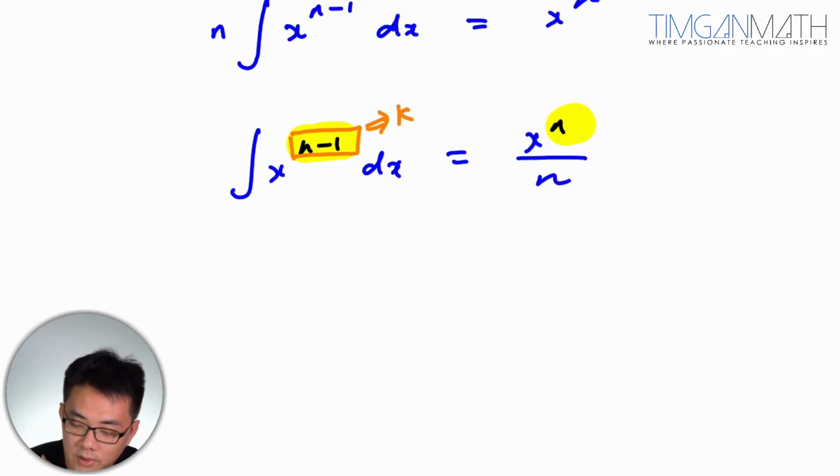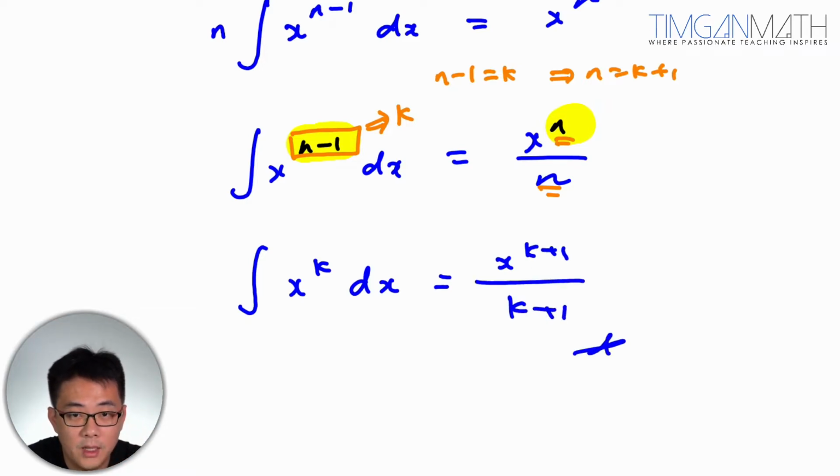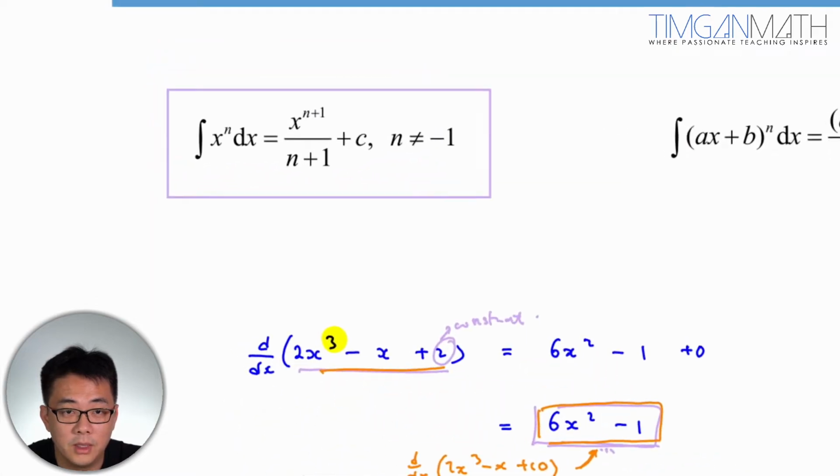If n minus 1 equals k, then n is equal to k plus 1. So this whole thing here will just be k plus 1. That's why you get this formula here: x to the k dx equals x to the k plus 1 over k plus 1. Alright, that's how you get this integration formula here.